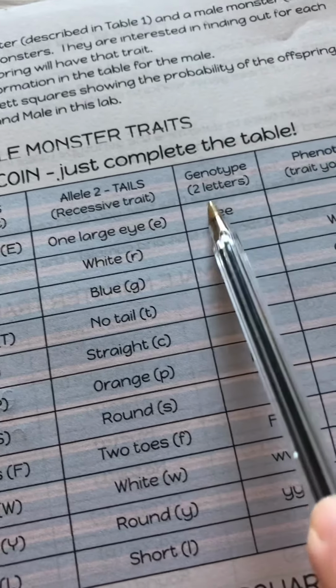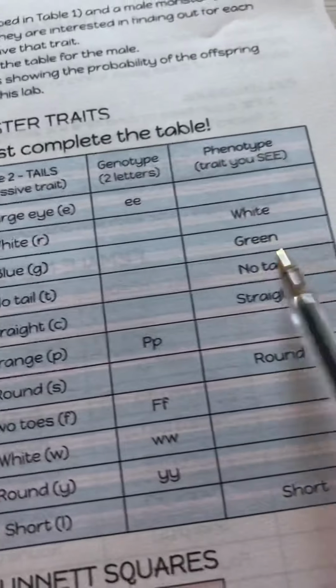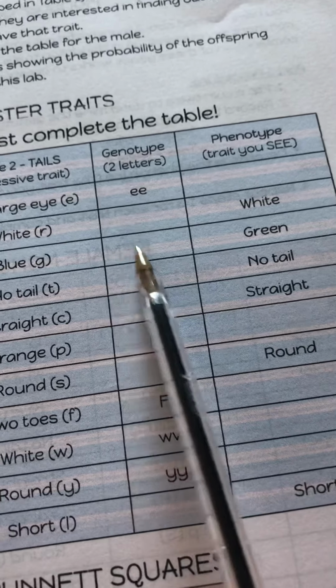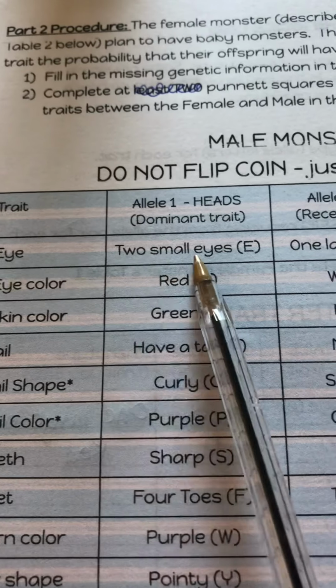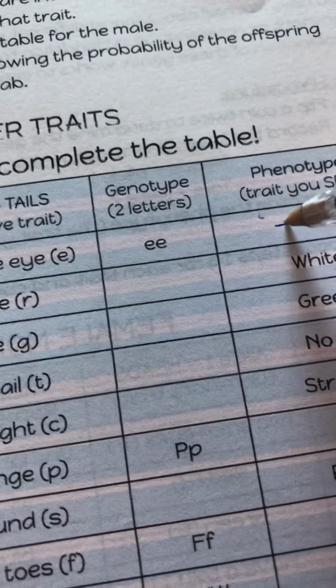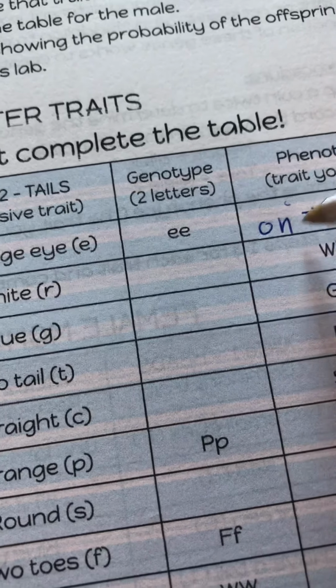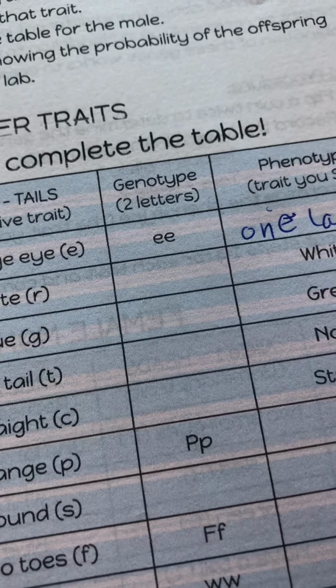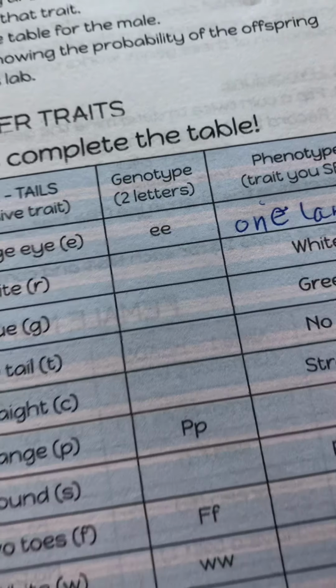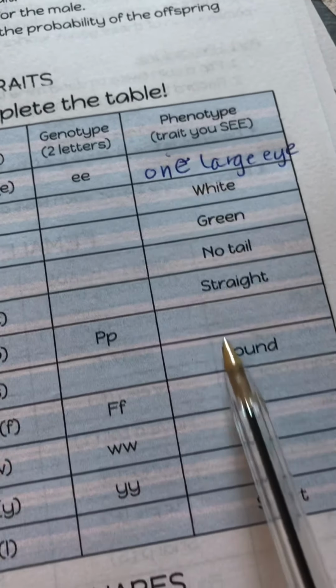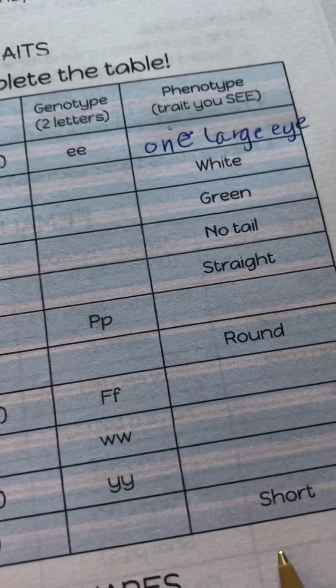So I've either given you the genotype letters or I've given you the phenotype, where you're going to have to come up with the letters. So this is the eye, two small eyes, one large eye. So for this particular male, he's going to have one large I. All of us are going to have the same phenotype for this male monster.